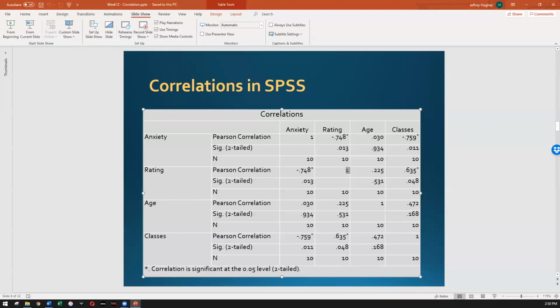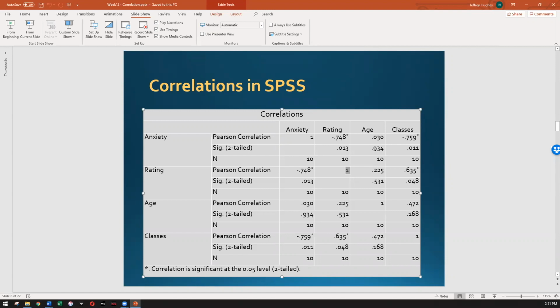All right, so we're going to start working on part B, particularly questions 1, 2, and 4, I believe. Can someone tell me what variable is significantly correlated with anxiety? The rating in classes. Yep.